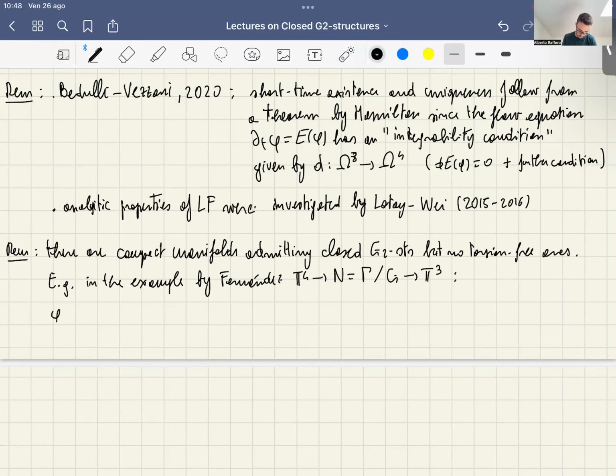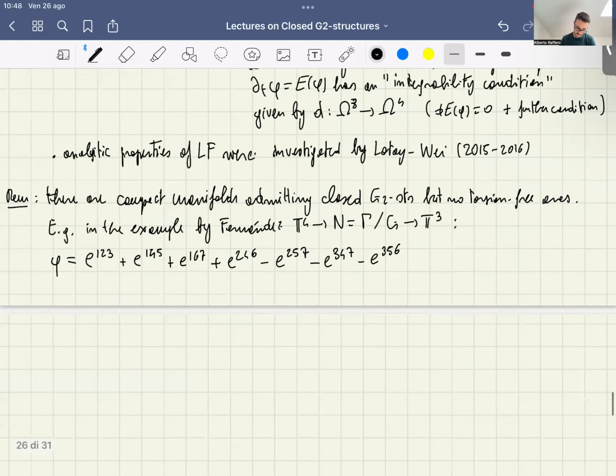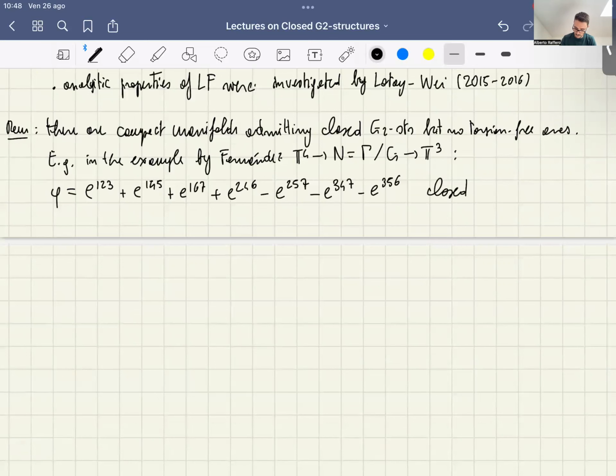What we have is that if you consider the closed G2 structure we talked about yesterday, which has the particular expression with respect to the basis of left-invariant one-forms, e123 plus e145 plus e167 plus e246 minus e257 minus e347 minus e356, this is a closed G2 structure on N.